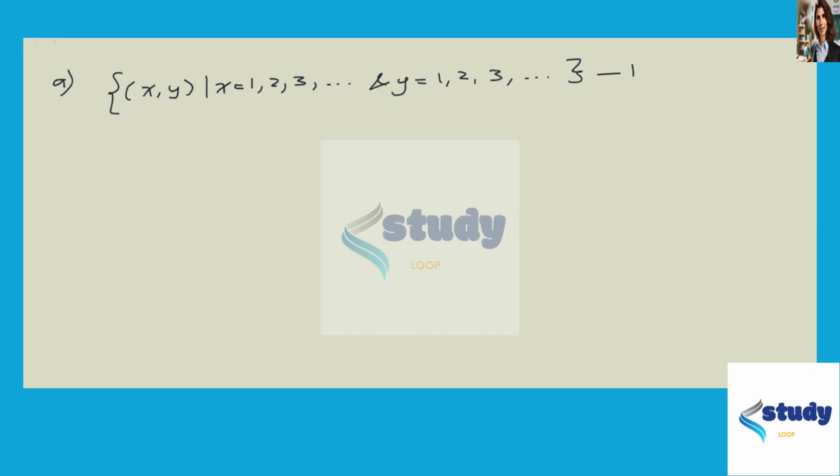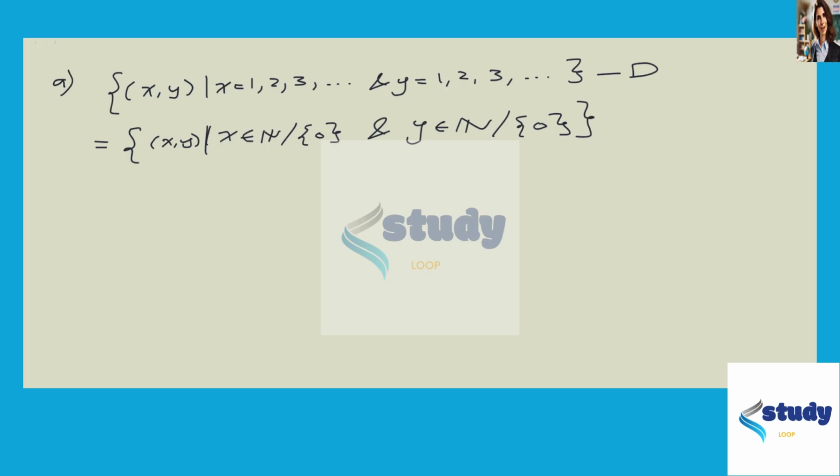This is your domain. Now, this is equal to x, y, such that x is in your natural numbers minus the set of 0, and y is in your natural numbers set minus 0, and close the brackets.